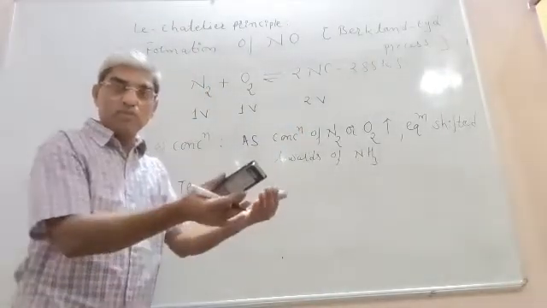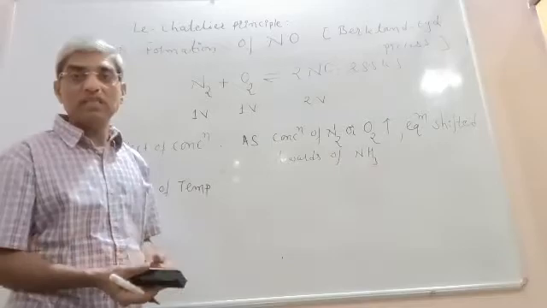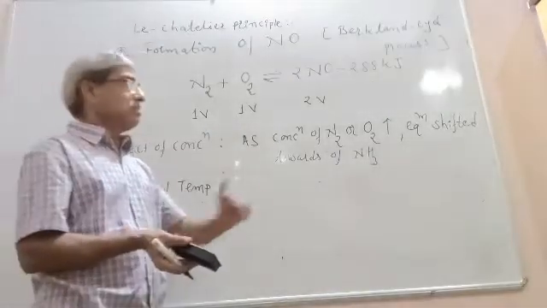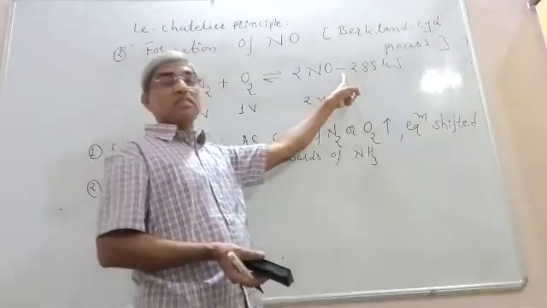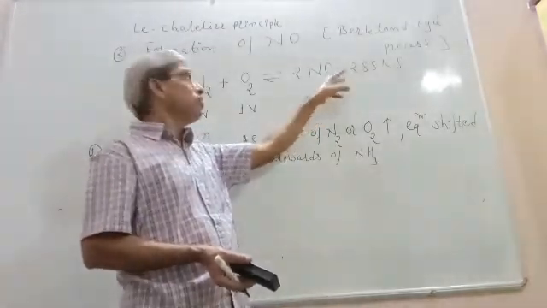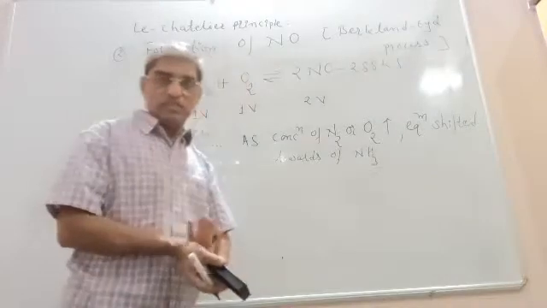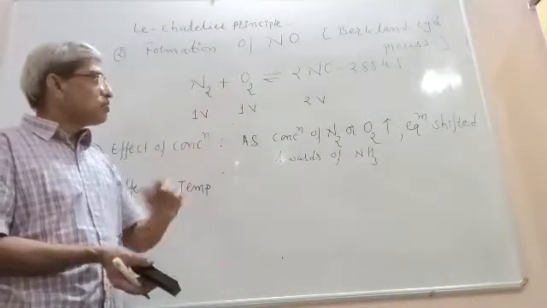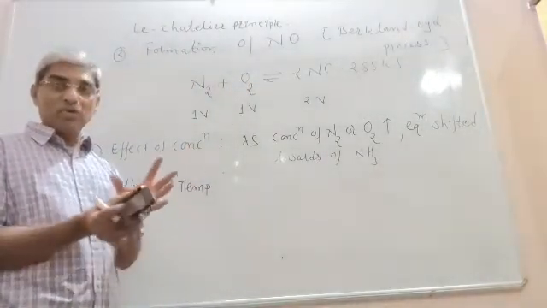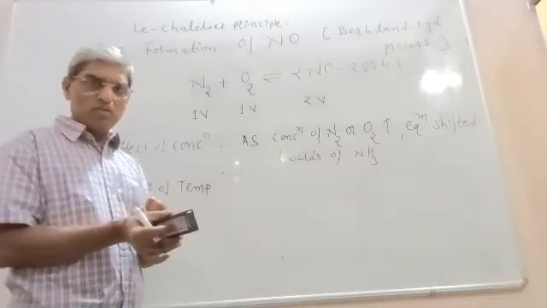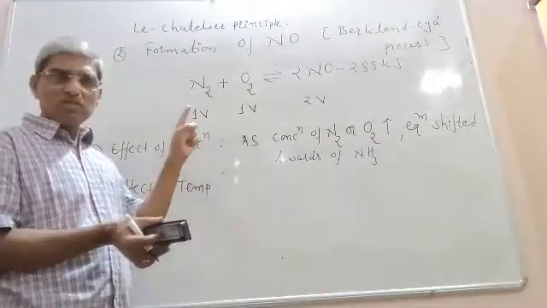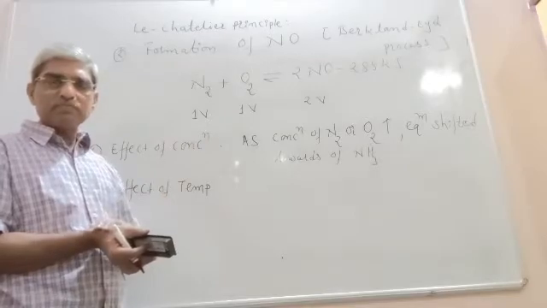And you know, absorption of heat is which reaction? Endothermic reaction. And this minus sign indicates absorption of heat. Therefore, formation of NO is an endothermic reaction. Therefore, our aim is to form NO in good yield or in good amount. Therefore, we have to increase or decrease the temperature?